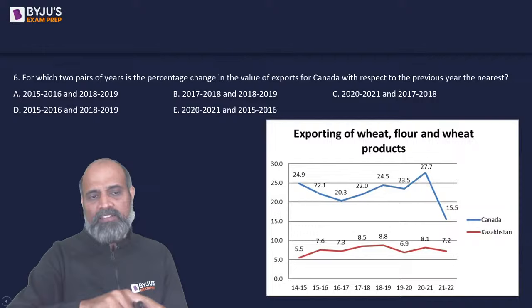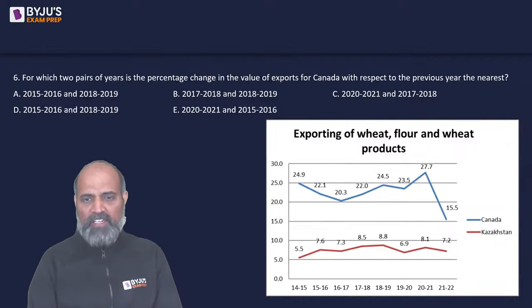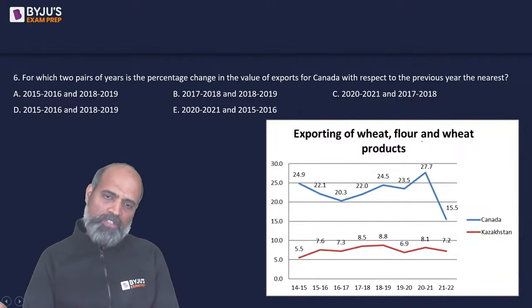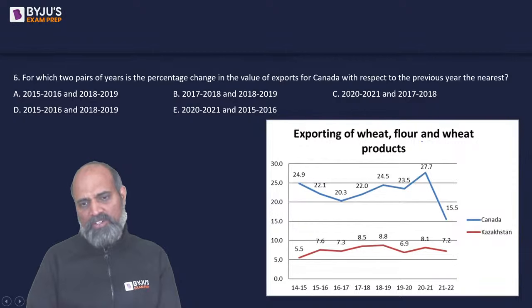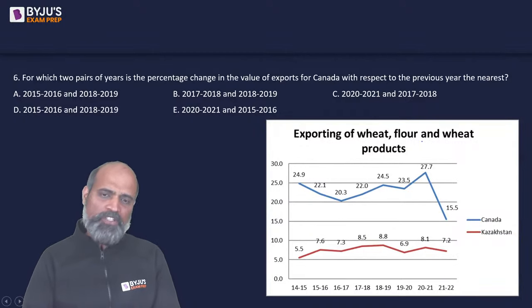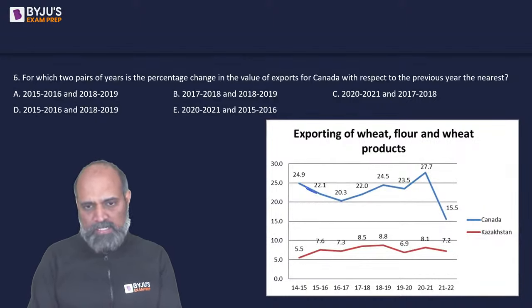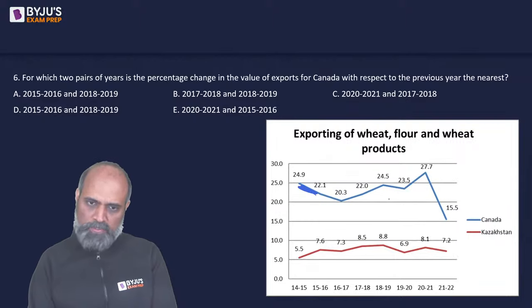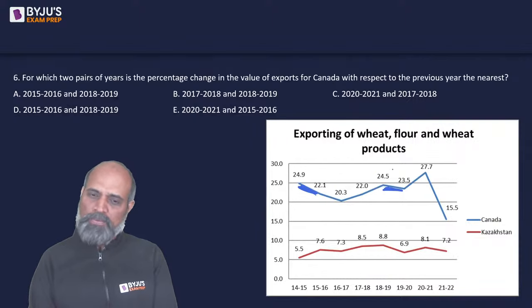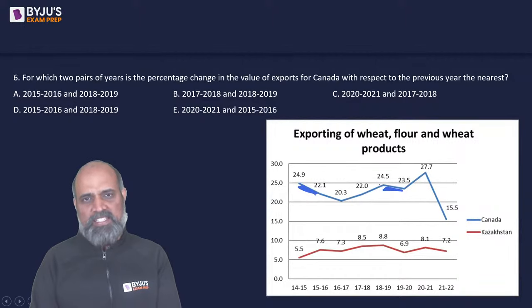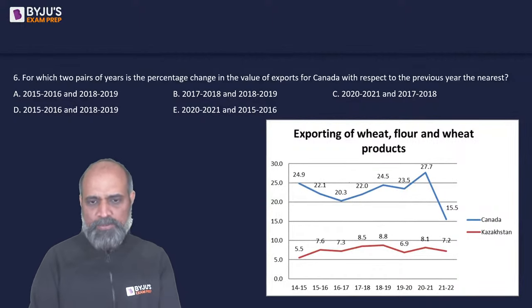So rather than calculating everything, can we find two slopes which are equally inclined with respect to y-axis if I draw vertical lines? So इसके closest वाला ये है क्या? 24.9 has become 22.1 and 24.5 has become 23.5. नहीं, the change is very low. ये नहीं होगा.